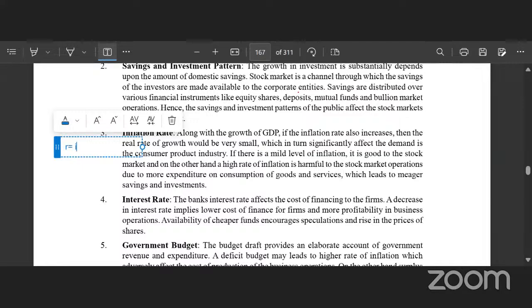Small r is equal to small i minus capital I, which indicates r is the real interest rate, small i is the nominal interest rate, and capital I is the inflation rate. So what does this relation tell us?